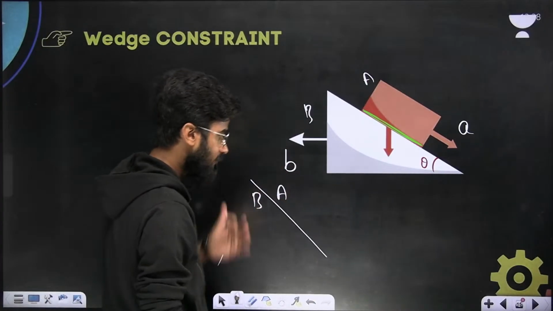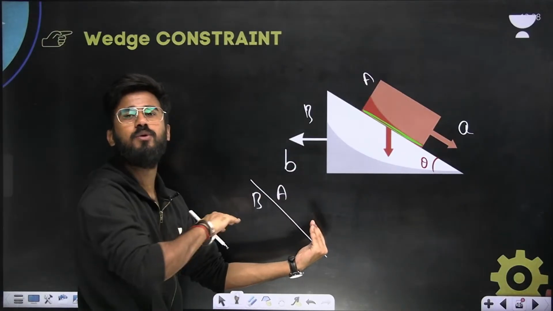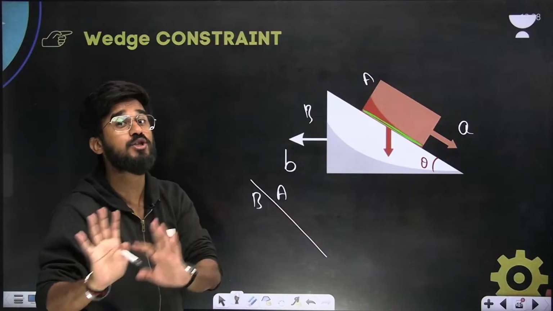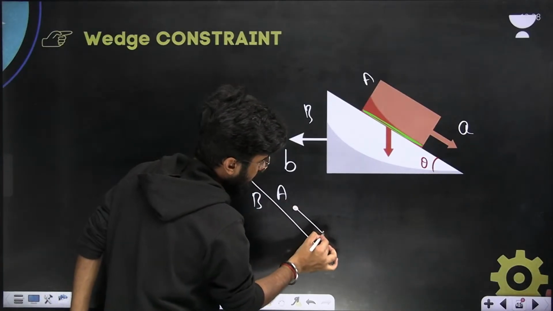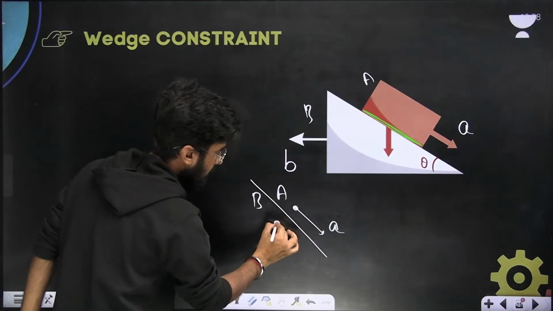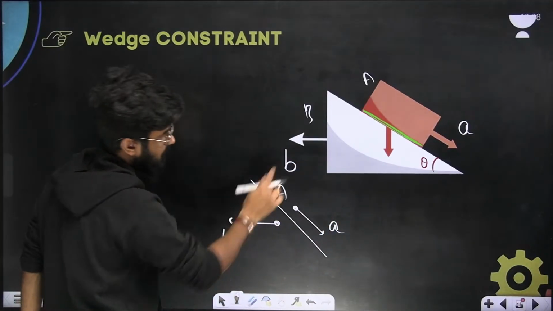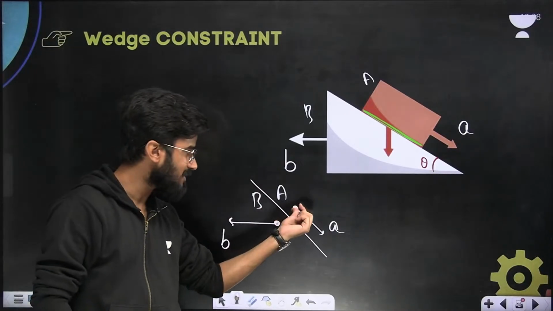Okay, now this is the surface, so this block cannot enter into another block, right? Because these are solid things, these are rigid bodies, and this system is moving in this direction with acceleration or velocity A, and this system is moving in this direction with velocity B. Got it till here? Now, can this block penetrate?